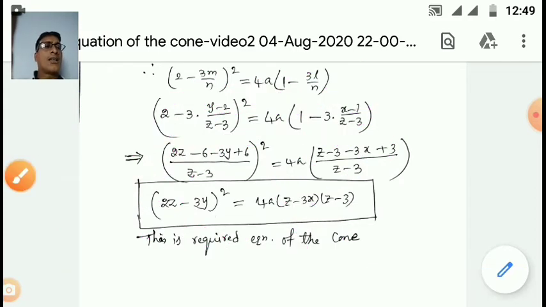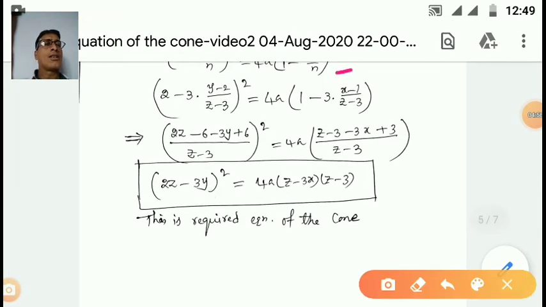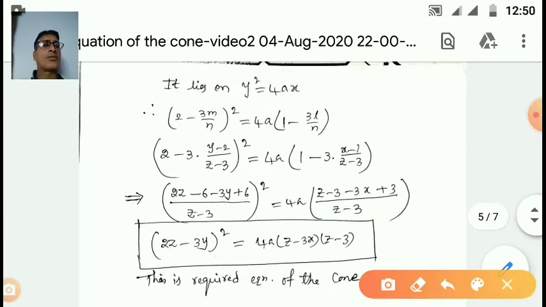In the similar way, m by n is equal to (y minus 2) by (z minus 3). By substituting the values of m by n and l by n in this equation, we will get the following.